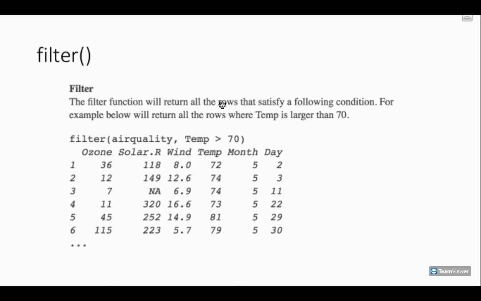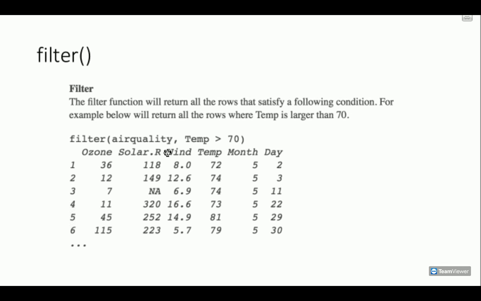So in the beginning of the class, we saw the function called filter. Filter is an easy to use function. It does what the name says. It will return a subset of the rows satisfying the condition you give it. Here we are using filter on the air quality data set for temperature greater than 70 degrees. Whatever condition you give it here will be applied to the data set.